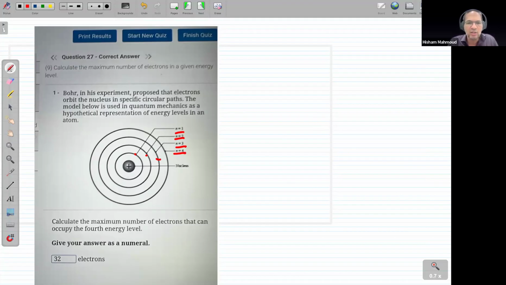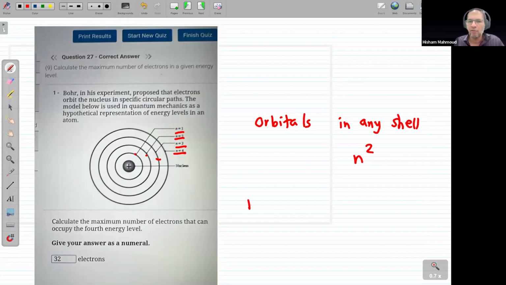The maximum number of electrons that can occupy the fourth energy level can be calculated from this equation. The maximum number of orbitals in any shell is equal to n squared. And the number of electrons in any shell, the rule is 2n squared.